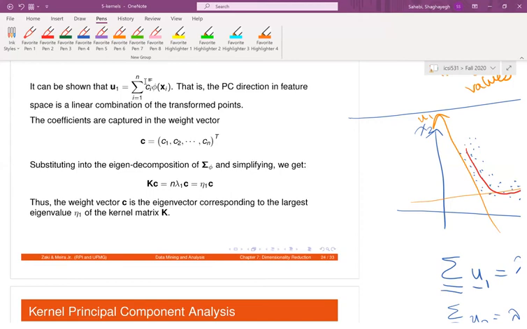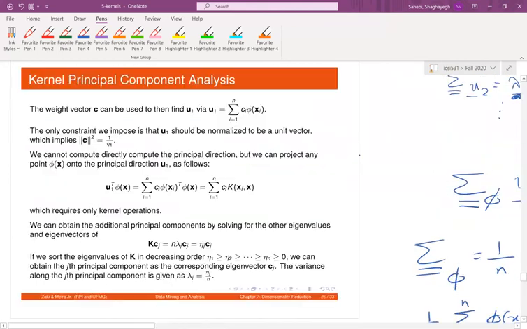Okay, we have found the ci's. Now to find the directions, the axes ui, we looked at the equation above and said that because this equation includes phi of xi directly, we cannot calculate ui's based on that.